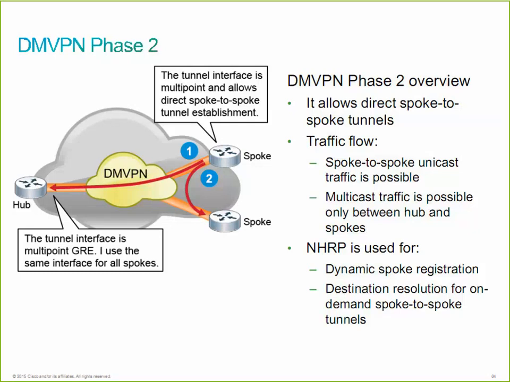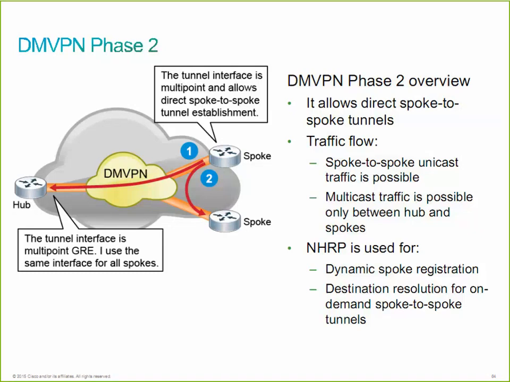But it's also used for on-demand tunnel destination resolution, right? When a spoke wants to talk to another spoke, it doesn't know necessarily what the destination address of that traffic should be. So it's going to send a query to the NHRP server, which is the hub router, to identify the spoke IP address that it needs to communicate with. All right?